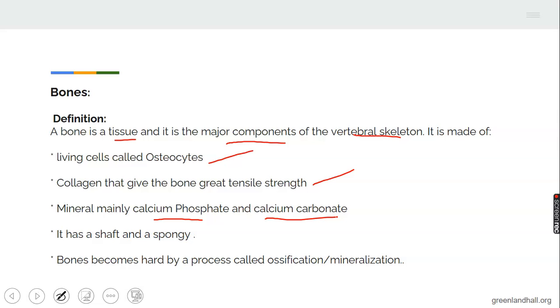Bone has a shaft and is spongy in nature. Bones become hard by a process called ossification or mineralization.